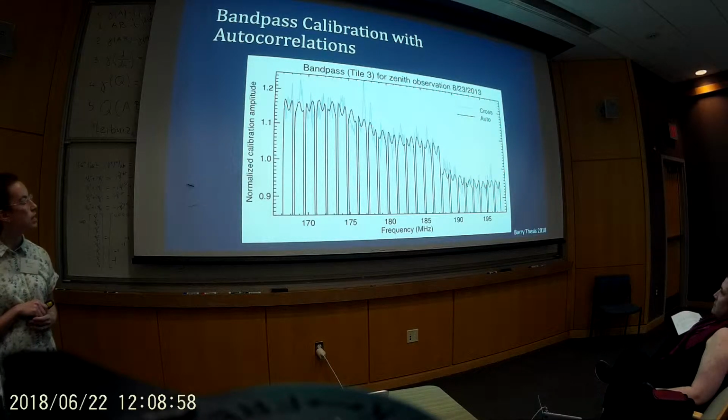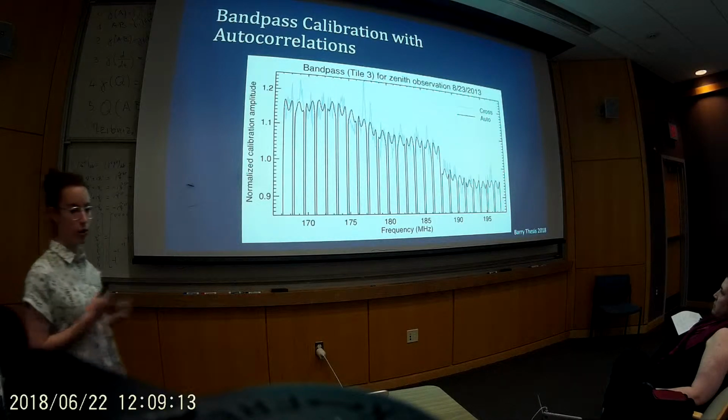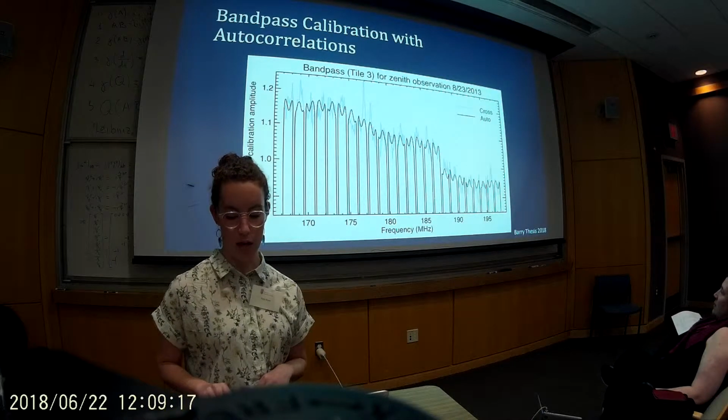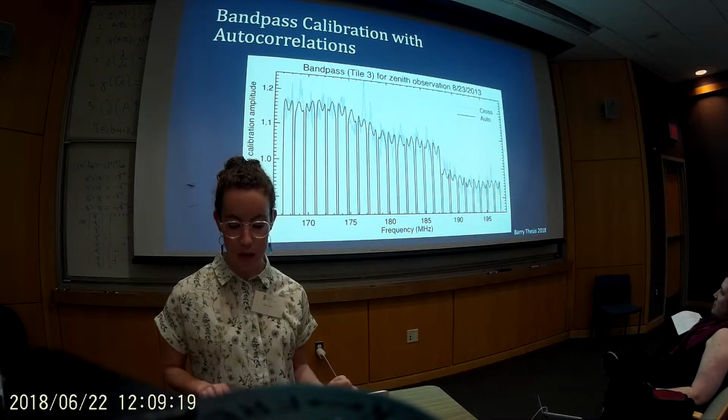And what you can see is that the autocorrelations are a lot cleaner. There's less high modes in the bandpass structure. You can see a cable ripple as well as the coarse band structure. So that's a really promising area, and both Wenying and Nicole have had a lot of success with that.